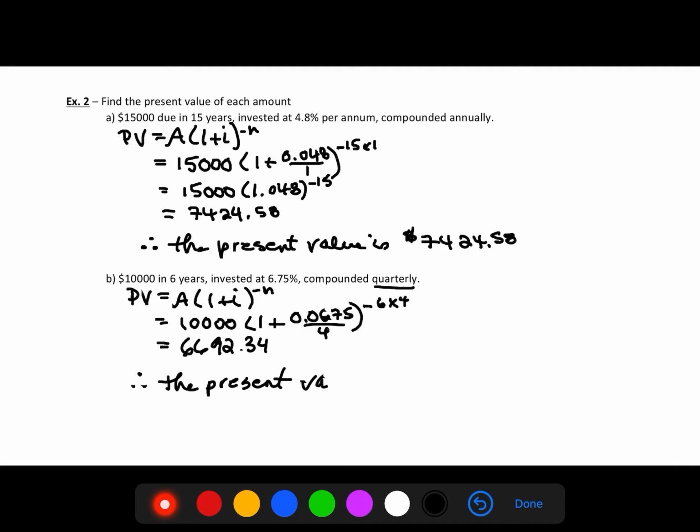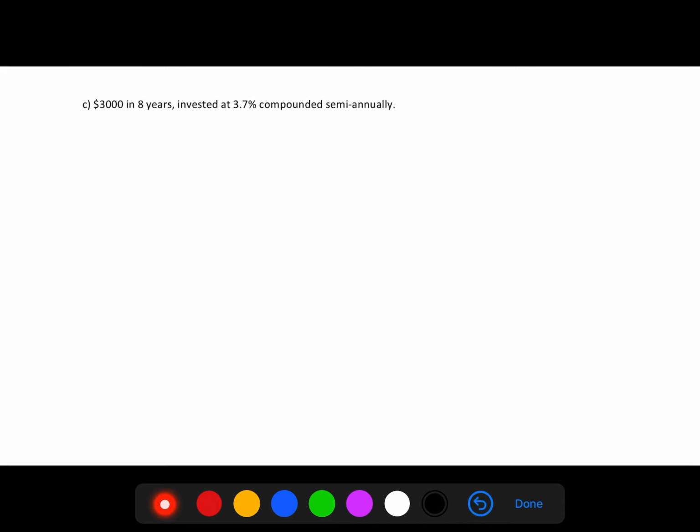When we do that, we get 6,692.34. And again, quick therefore statement, the present value is $6,692.34.